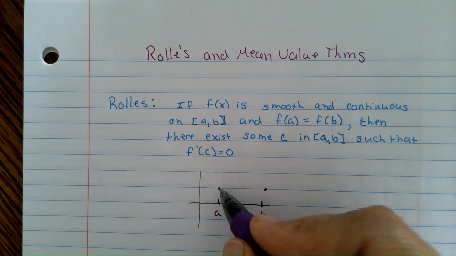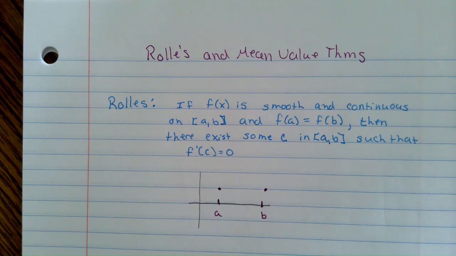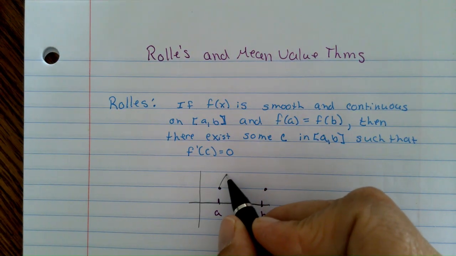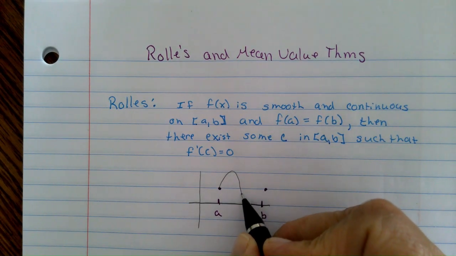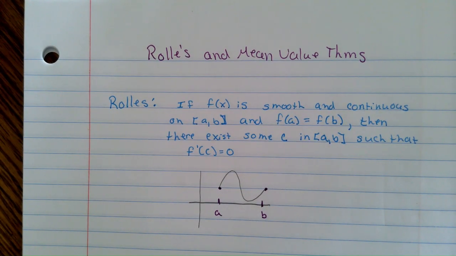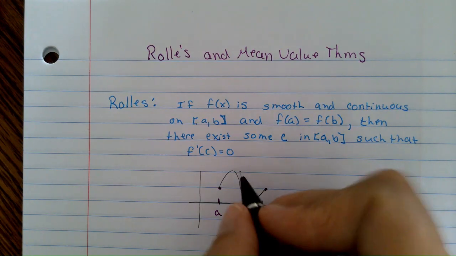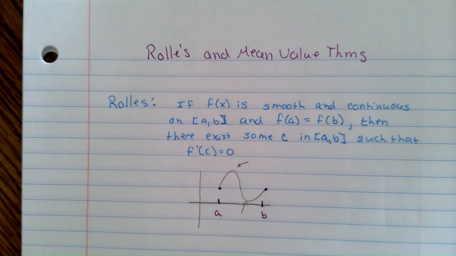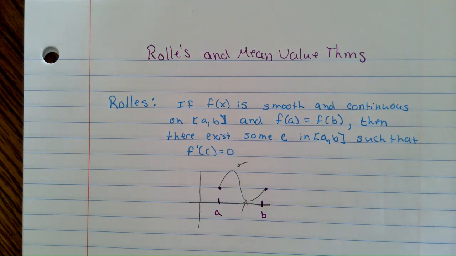Well, if it's smooth and continuous, then it could be doing anything in between A and B, but it has to be connecting somehow, right? Even if it's doing that. In this case, I've drawn it such that there are two C's. It could have just been one, right? In fact, generally, you would look at a window so that it is just one.